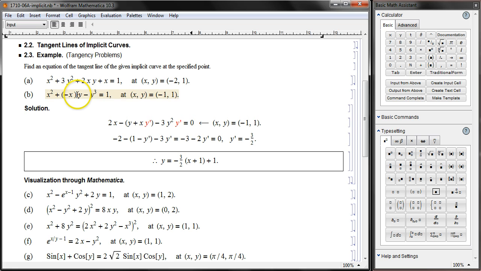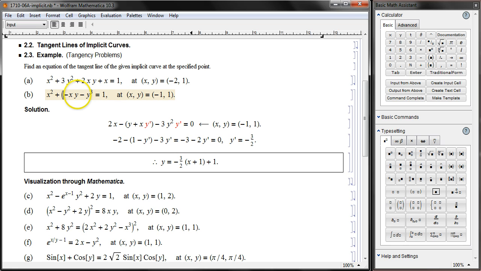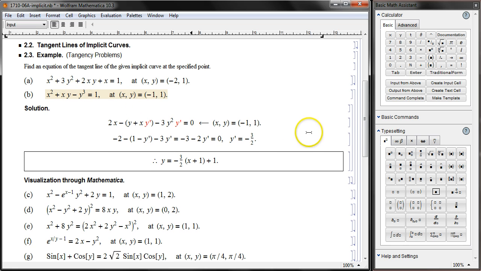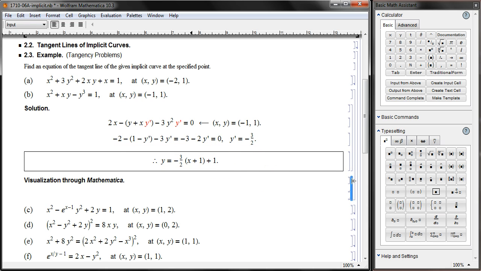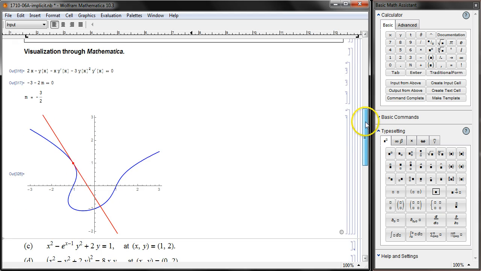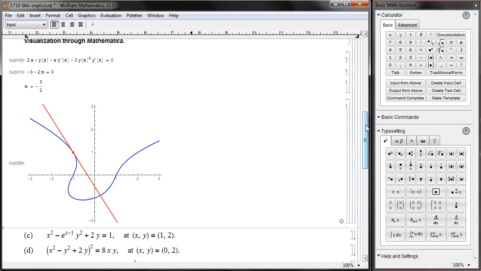Anyway, it's just algebra. We get y prime equals negative 3/2. That is my slope. So we have the slope point equation like this. How about the visualization? Indeed, we get what we want.